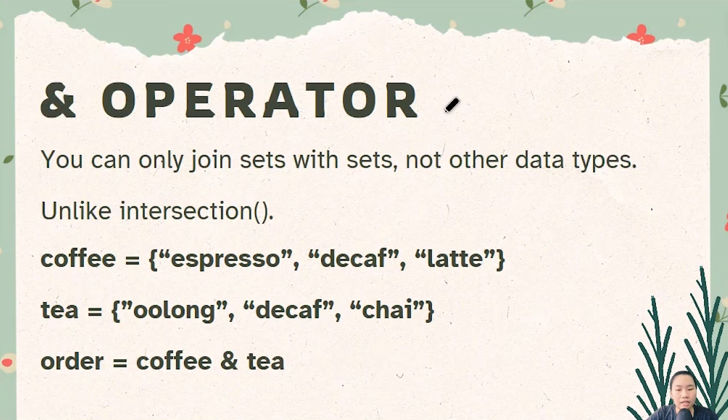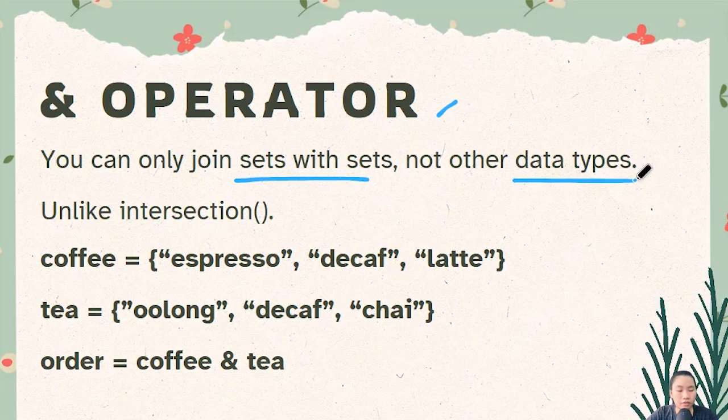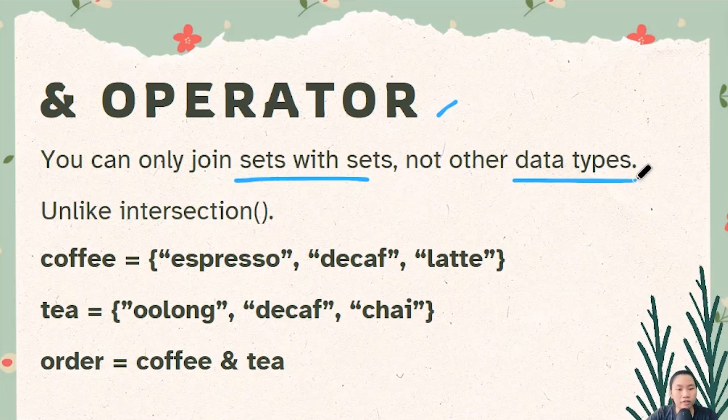Now, we're taking a look at the AND operator. You can join sets with sets only, not other data types. It's the same strict rule that we've seen in lesson number 36, okay? With the operator not liking to have joined sets of different data types.